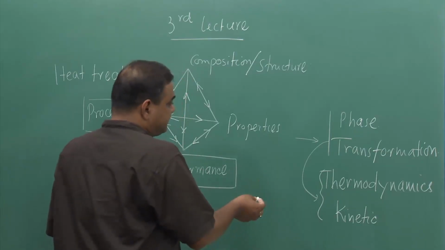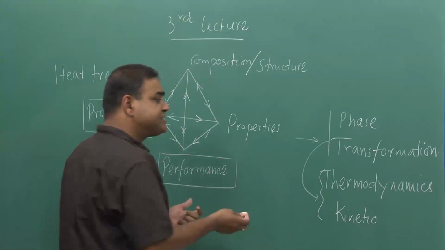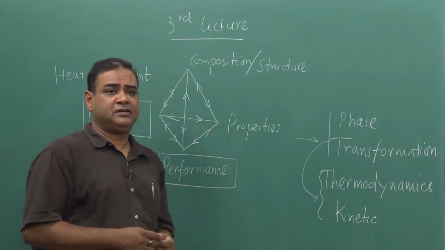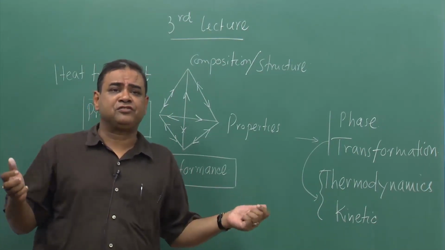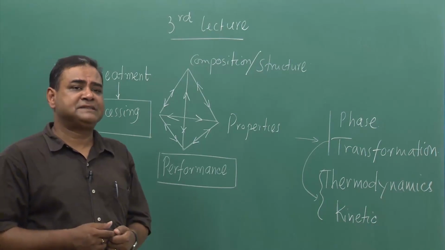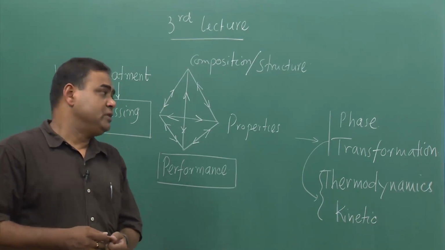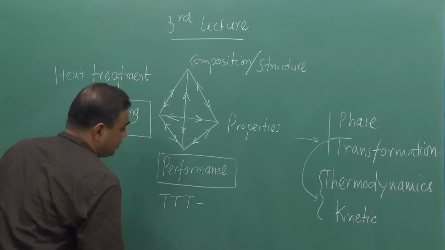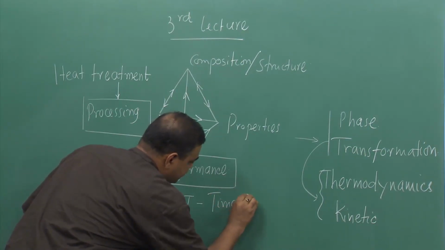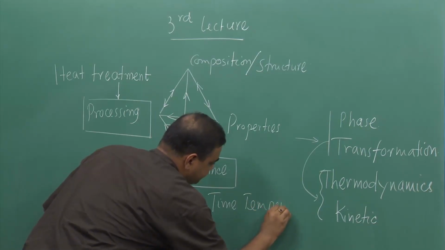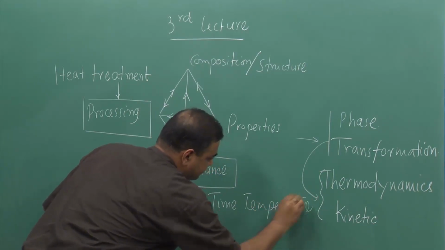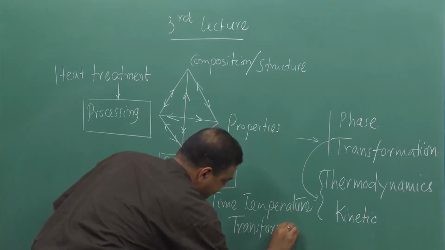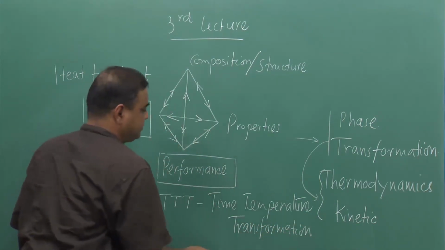Now, at the same time we also touched upon that once we get this phase transformation, thermodynamics and kinetics, we can have overall transformation kinetics, which can be best suited in terms of a diagram, which we call the TTT diagram, which is called the time temperature transformation diagram.